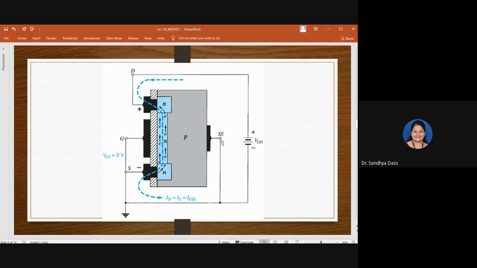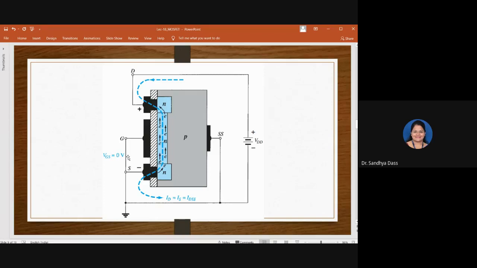As you can observe here, the substrate and source are both tied. The gate terminal and source are also tied here, considering case number 1, where zero potential is applied to the gate. So please note, the voltage applied between gate and source is 0 volts.